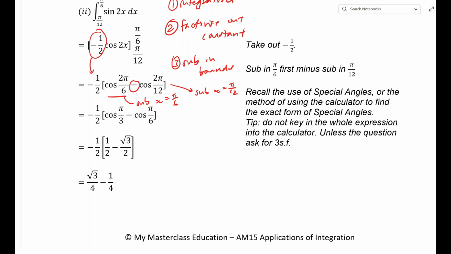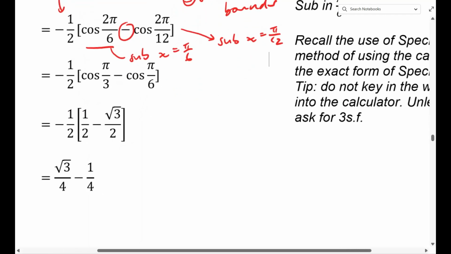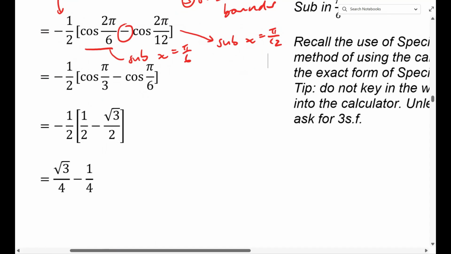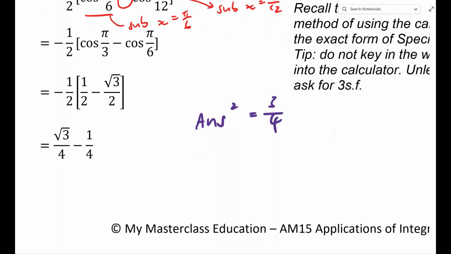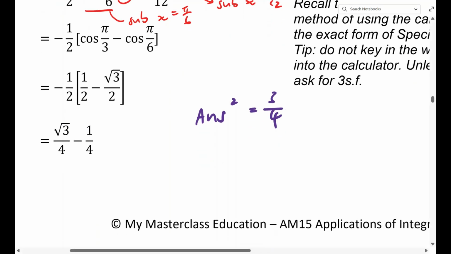If we key in cosine pi over 3 into our calculator, it just gives us a straight value of half. However, if we key in cosine pi over 6, it will give us a long string of decimals. Afterwards, we can key in answer squared and you realize that it gives you 3 over 4. Now you can find back your answer, which is the long string of decimals that we actually want.